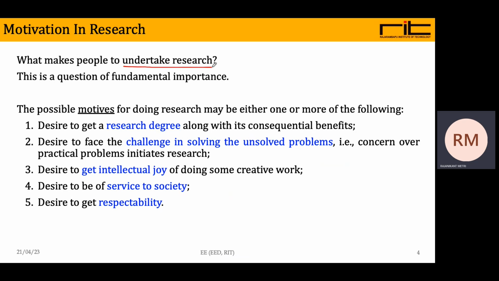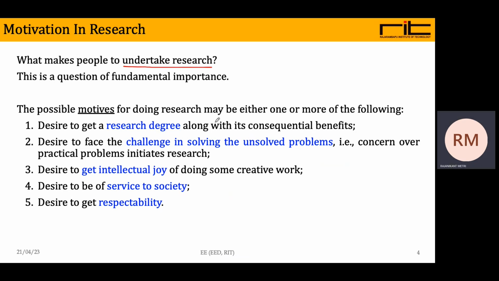If a bachelor's student is there, he will try to go for higher studies and take the master's degree, and during that he performs some kind of research, and then master's students go for the doctoral degree, and for a doctoral degree research is a must.